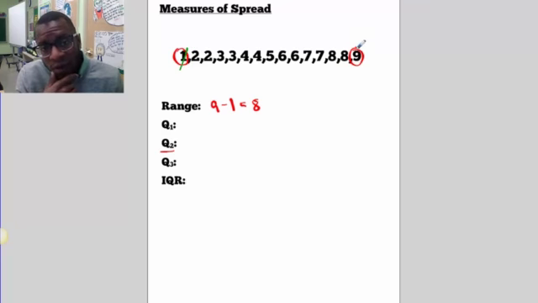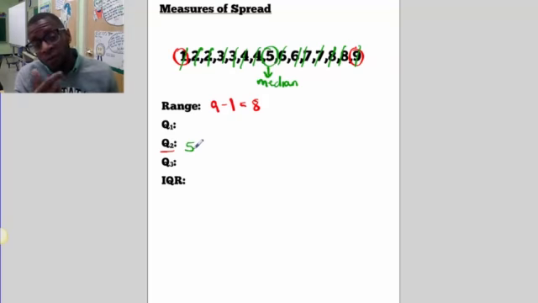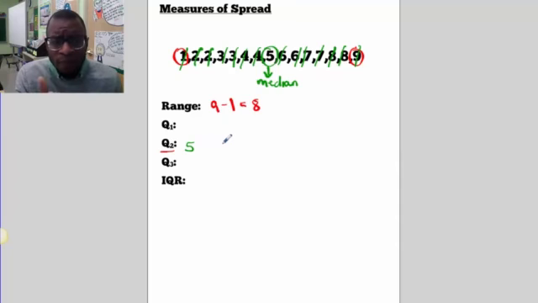So I'm going to knock this value off, one here, okay, and we see that our median is 5. So this is our median value. So our median value is 5, which is also our quartile 2 value. Okay, now here, this lower set of data, so let's erase these marks off of here.